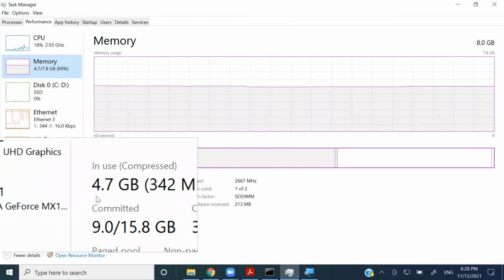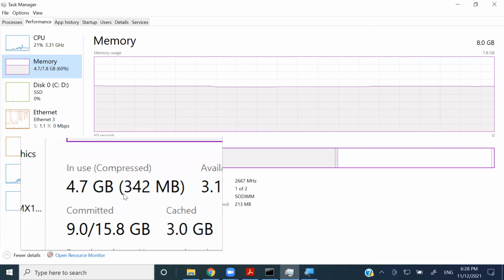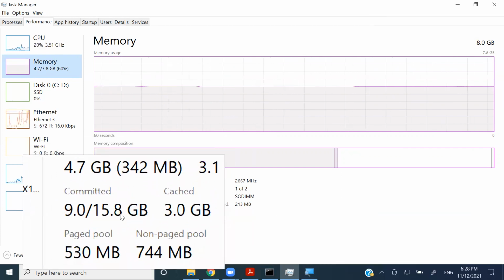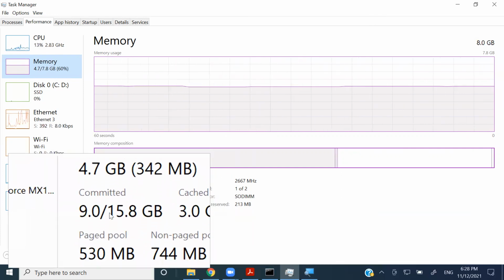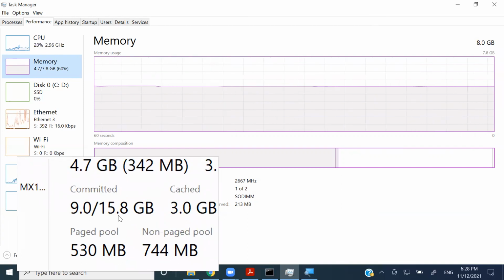So it says 4.7 GB is in use, 3.1 GB is available, right? And can you see this committed part over here? 9 out of 15.8 GB. So this is the one which describes the helping portion of the hard disk towards the RAM.